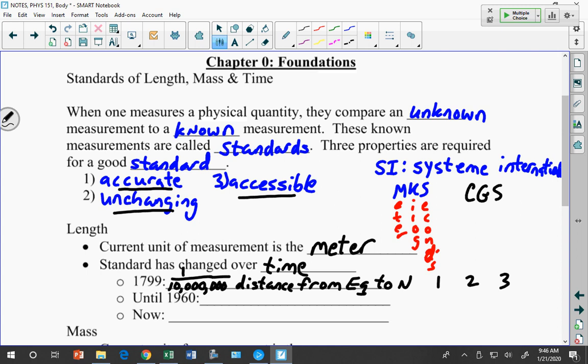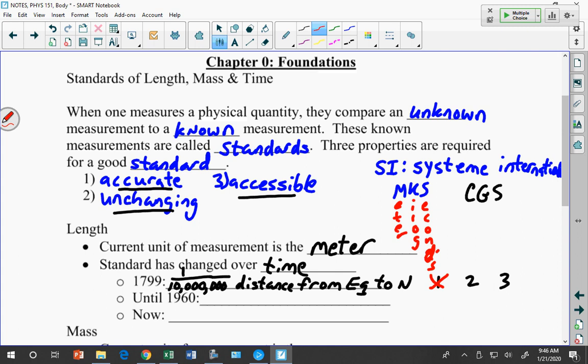One, where is the North Pole? Where is the equator? If you're just driving along out wherever, you're not really clear where those points are. So it's not accurate at all. So it misses the first attribute. Is it unchanging, that distance?